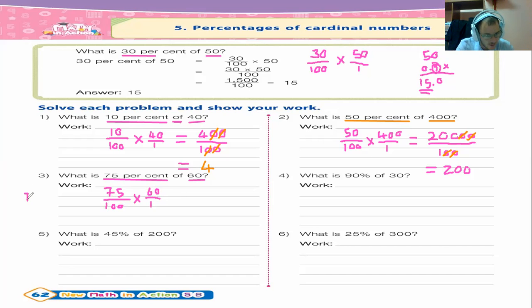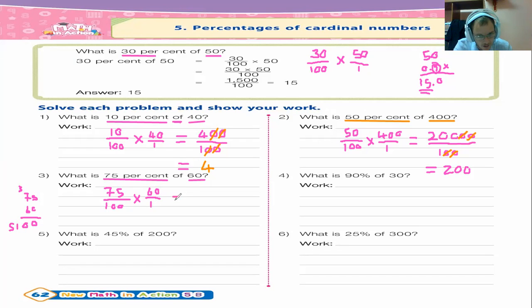We take our 75 multiplied by 60 and put a 0 for the 6. 6 times 5 equals 30. 6 times 7 equals 42 plus 3 equals 45.